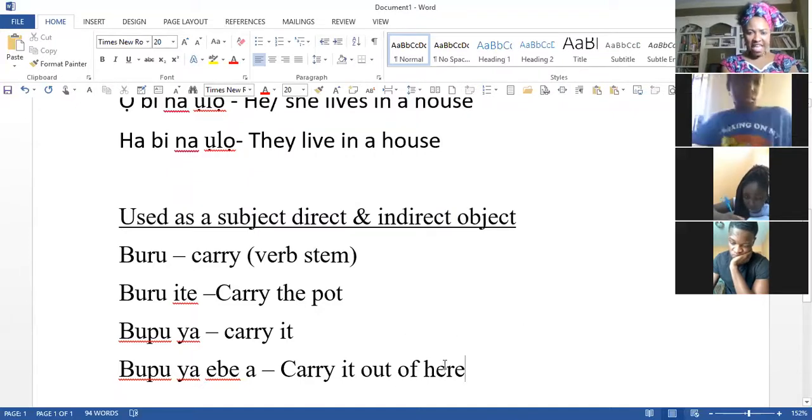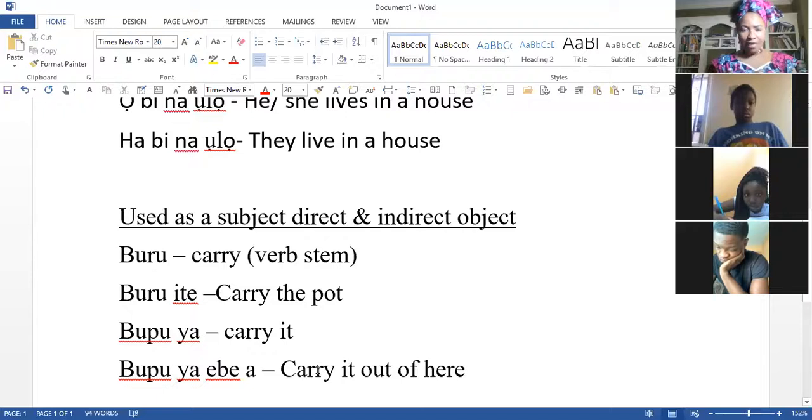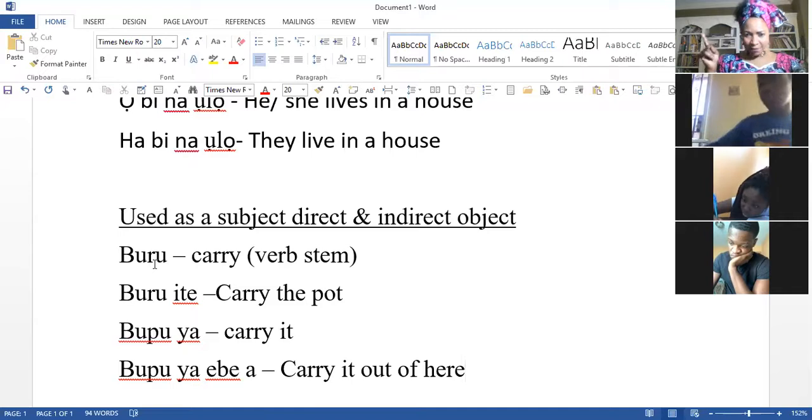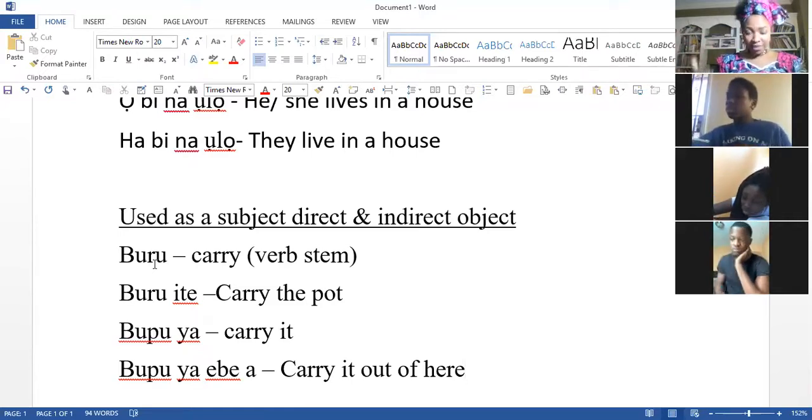Eba means here. Carry means buru. But you're saying take it out. I don't want you to get confused with this bupu and the buru. Okay, you have to know what we are talking about here. When you say bupuya or buruya, it is the same. But when you are making a sentence, you have to know what you're saying.